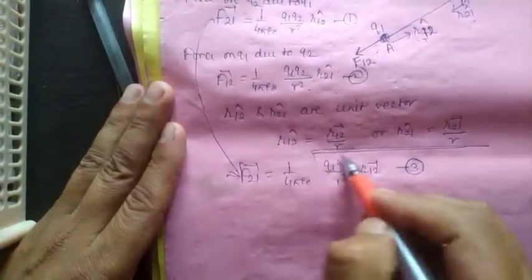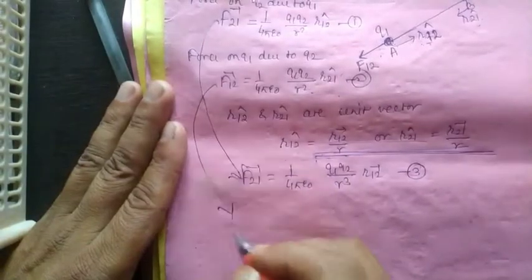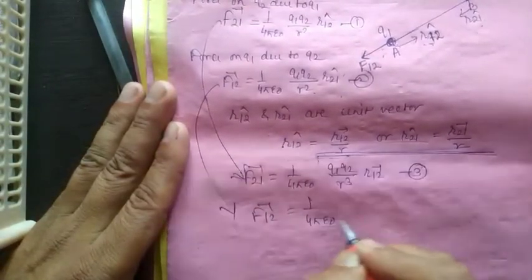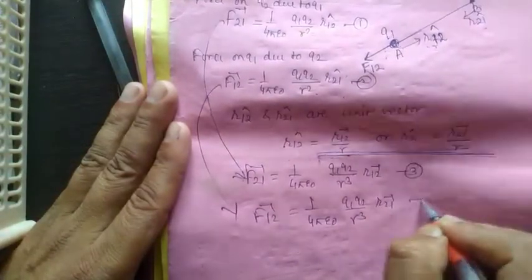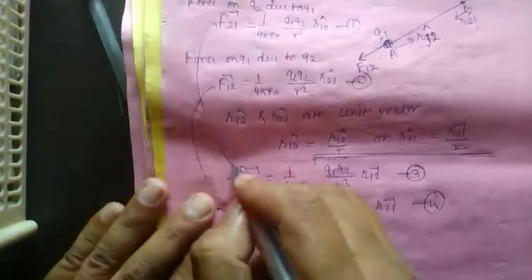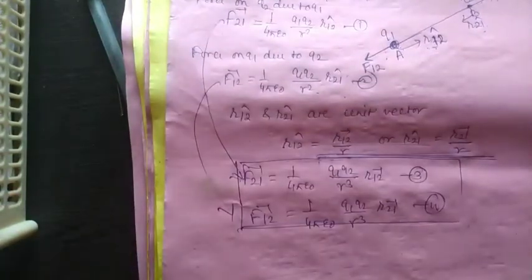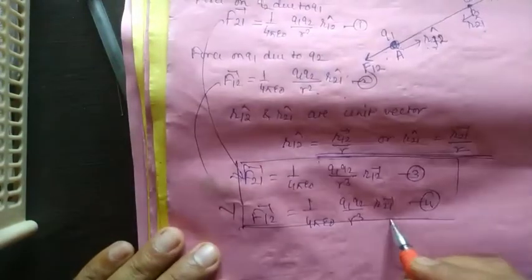The second equation will be F12 equals 1 upon 4 pi epsilon naught q1 q2 upon r cube r21. These two are the vector forms of Coulomb's law.